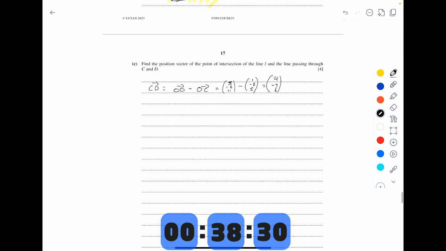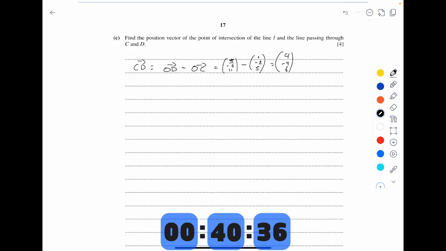So now what's the equation of the line going to be? Well, the way to think about this is, remember, if we've got a line L over here, C and D over here, point of intersection over here.